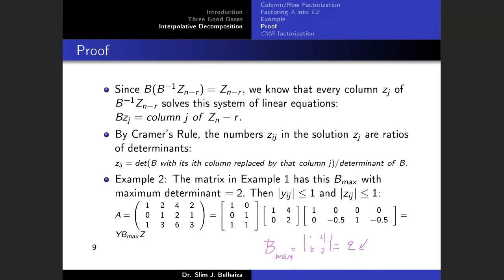And the submatrix I'm supposed to retrieve, if I keep the same y, I get 1, 0, 1, 0, 1, 1. Here I'm placing, I get 1, 0, and 2, 1.